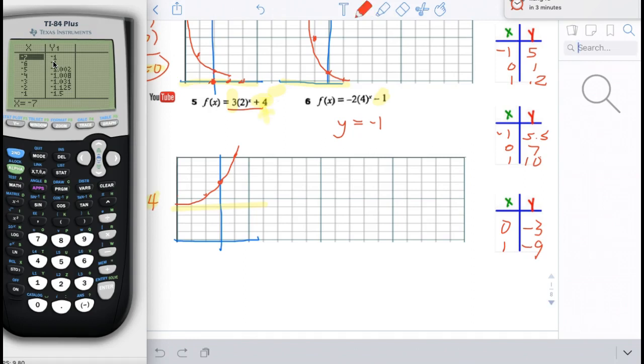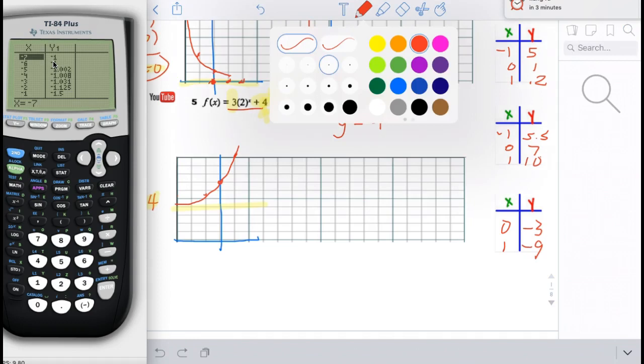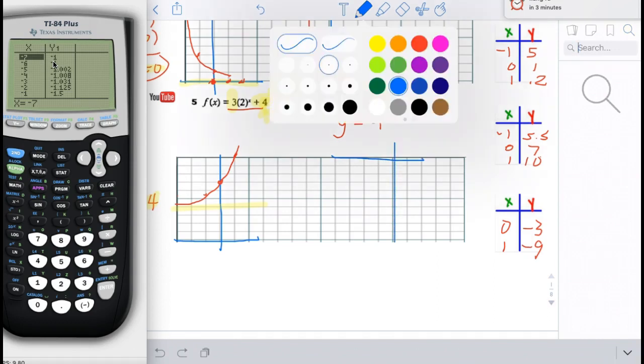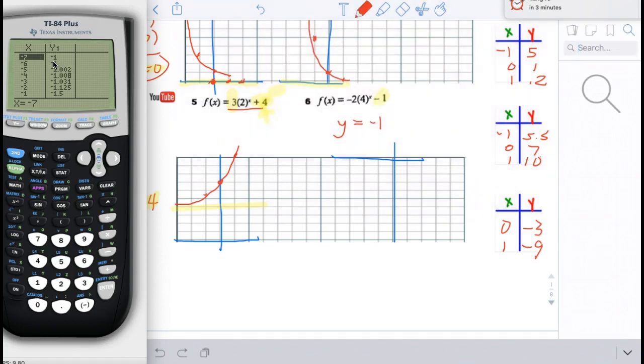Okay, so this time, do you see how all the y values are negative? So I'm going to put the x-axis up here and the y-axis here so that I can graph many negative y values. So (0, negative 3) would be the first one, and (1, negative 9) would be the second one.